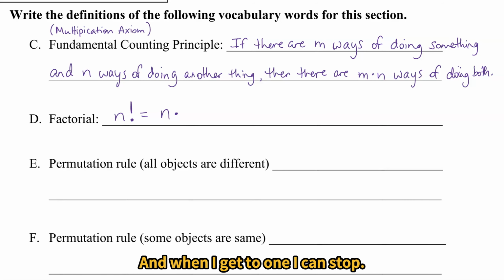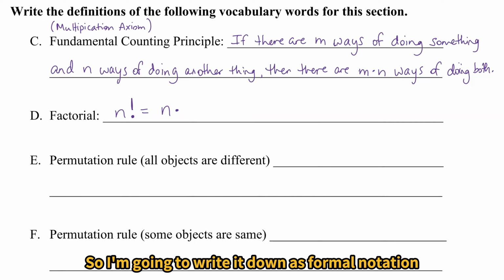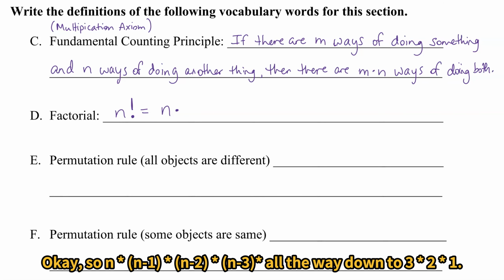And when I get to 1, I can stop. So I'm going to write it down as formal notation, and we're going to do some examples. Okay? So n times n minus 1, n minus 2, n minus 3, all the way down to 3 times 2 times 1.